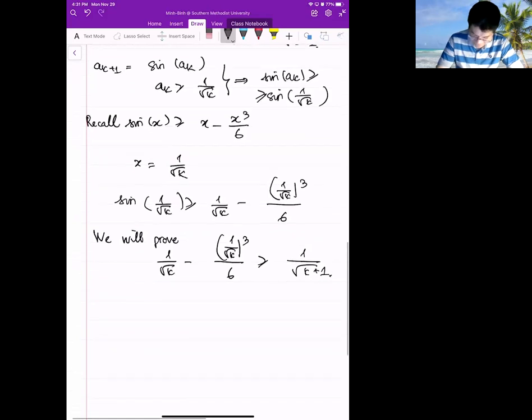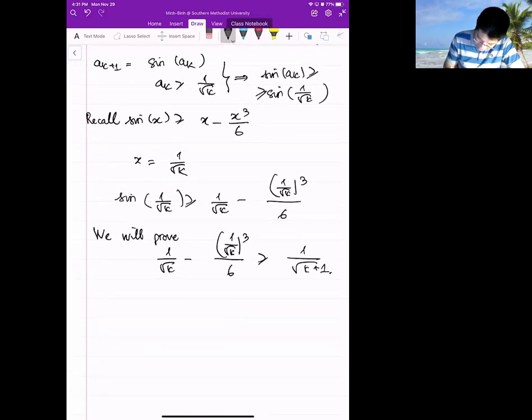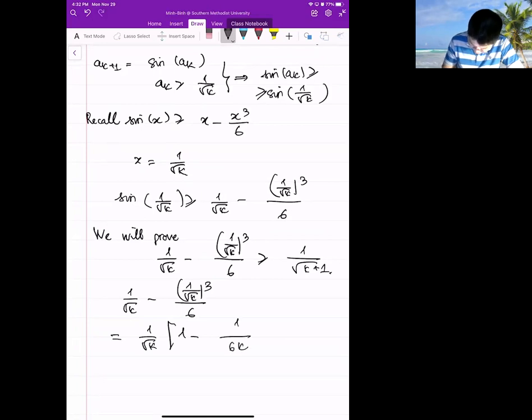Now, if we develop the left-hand side, we're going to have 1 over square root of k minus (1 over square root of k) to the power 3 over 6, which will be 1 over square root of k times (1 minus 1 over 6k).